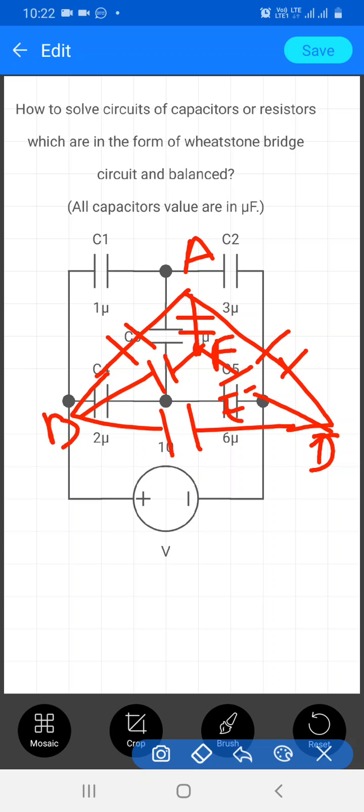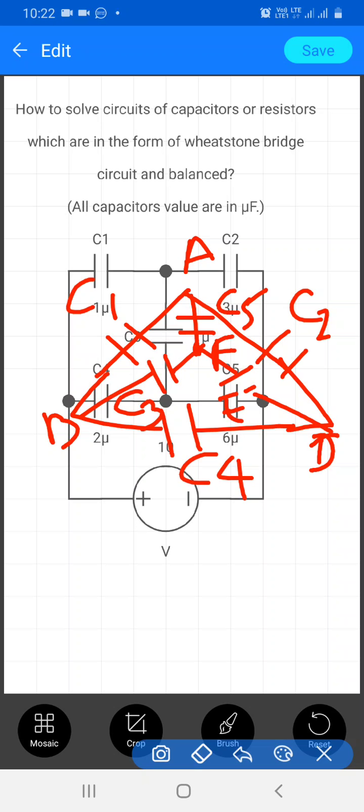So this is also in the form of Wheatstone bridge circuit. How? Let us check. Say here if I put at random C1, C2, here the capacitor I name between branch A and F C5, and between B and F I name here C3, and between branch B and D I name here C4.